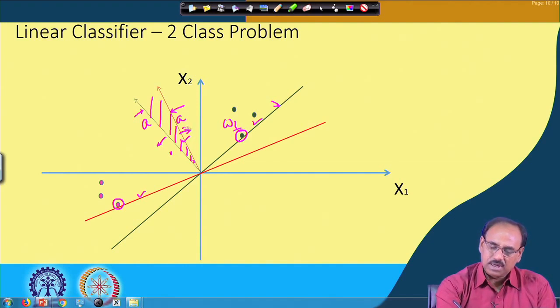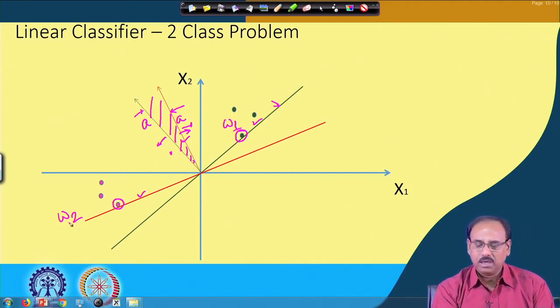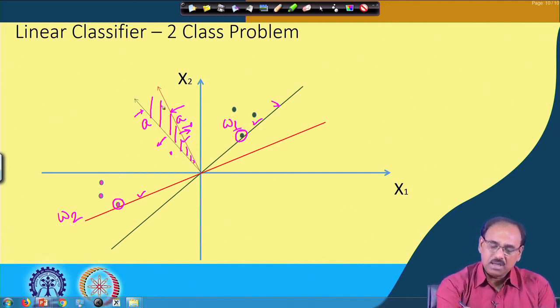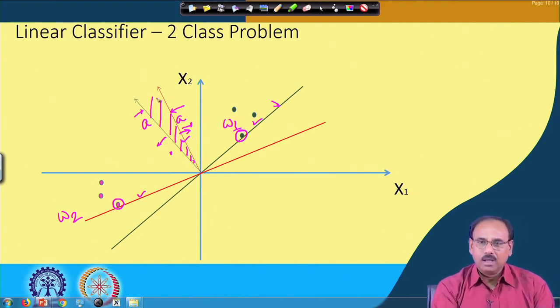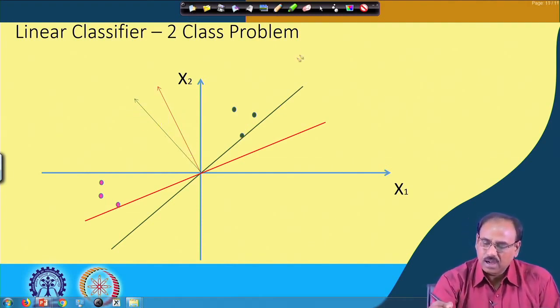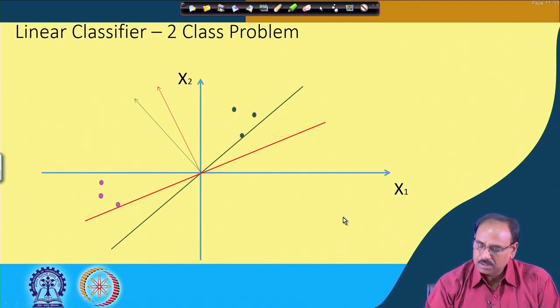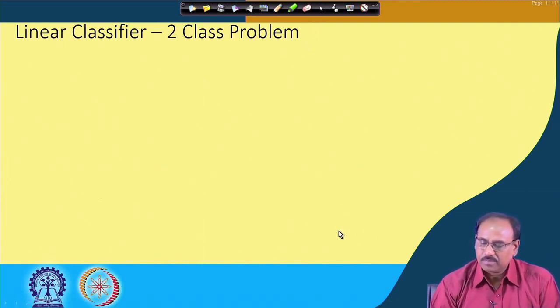If it is outside on this side, then the vectors belonging to class omega 2 are going to be misclassified. So, my solution vector must lie within this conical region. So, how can I get a solution vector of this form? For doing this, I start my algorithm like this.